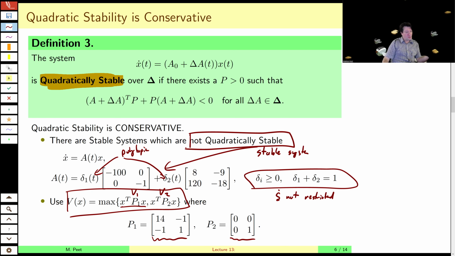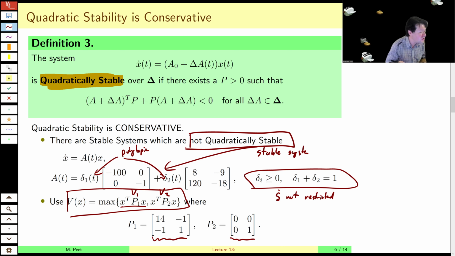So this is definitive proof, if you like, that quadratic stability is, in general, at least in the case of polytopic uncertainty, not equivalent to stability. There is one case, it's not this case, not polytopic and not interval uncertainty, which are the subjects of this lecture.